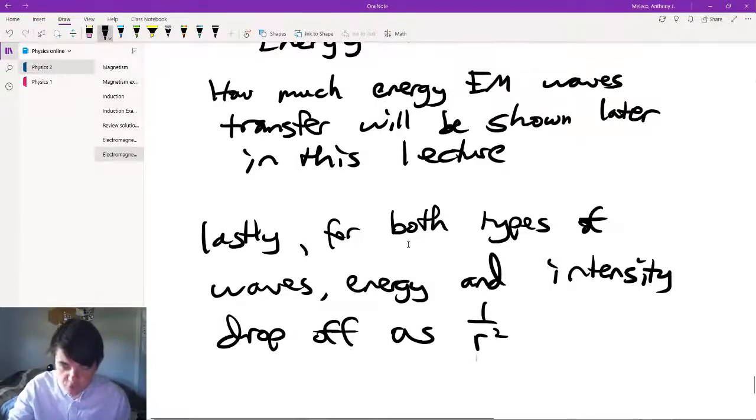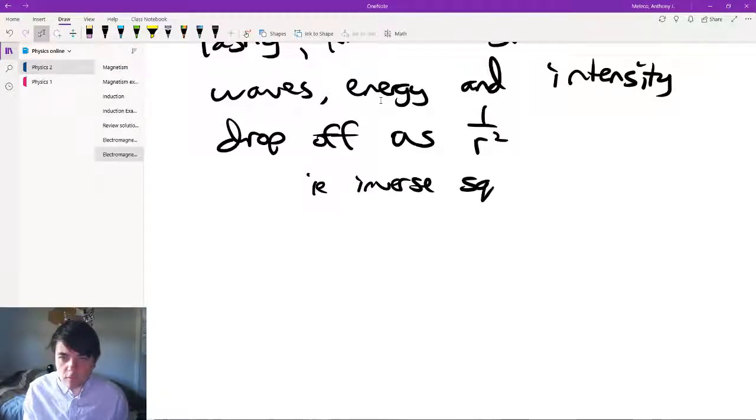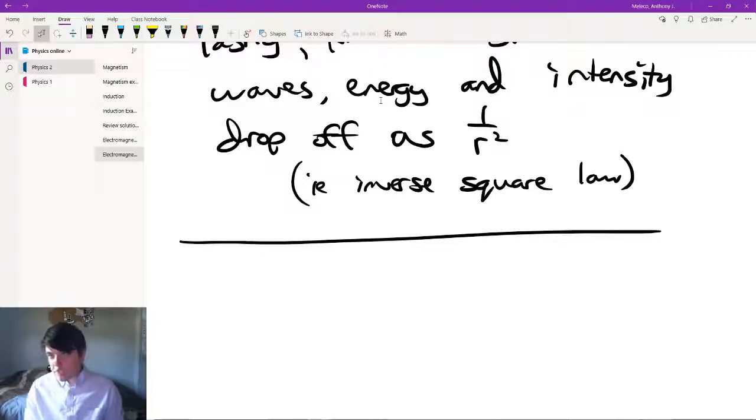Okay, so it's an inverse square law. 1 over the distance squared. So i.e. inverse square law. Okay. At least for 2D. In 3D, I believe that works a little bit differently.